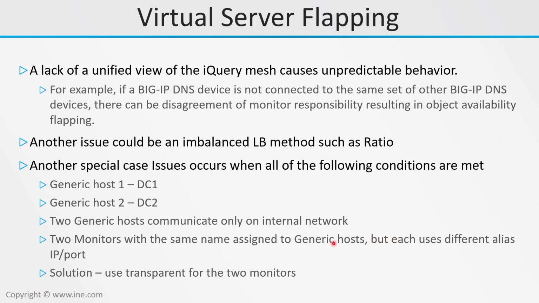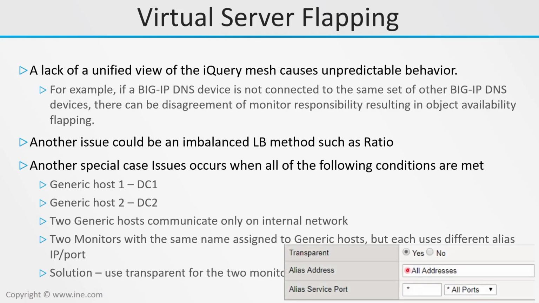The solution is to make sure that this monitor is a transparent monitor. You can see a screenshot right here, but this allows you to make the configuration unique per generic host monitoring, so it combats issues with virtual server flapping using the same monitor on both DC1 and DC2.